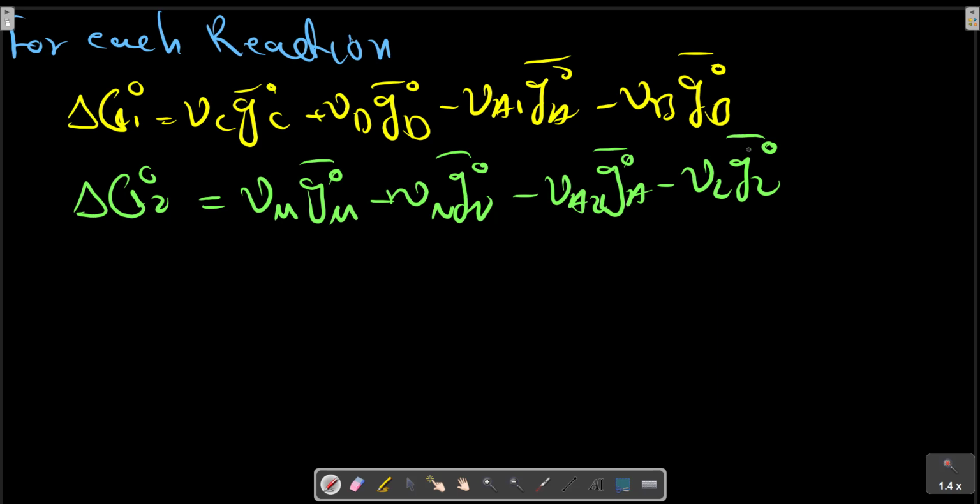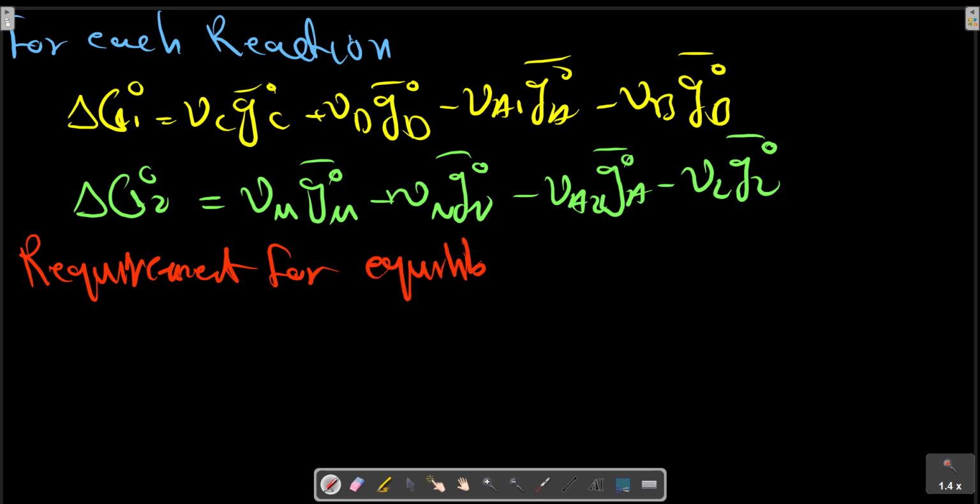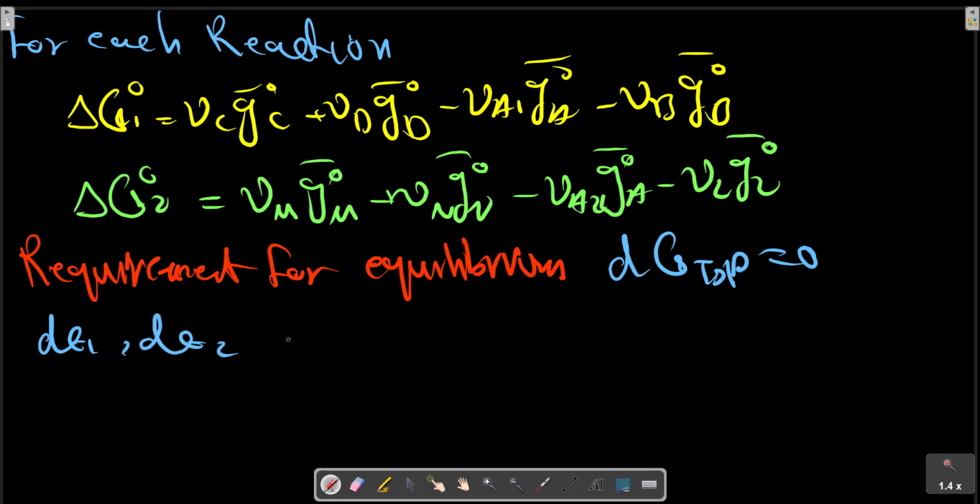The requirement for equilibrium is that dG at T and P equals zero. Therefore, since reactions 1 and 2 are independent, d epsilon 1 and d epsilon 2 can be independently varied.